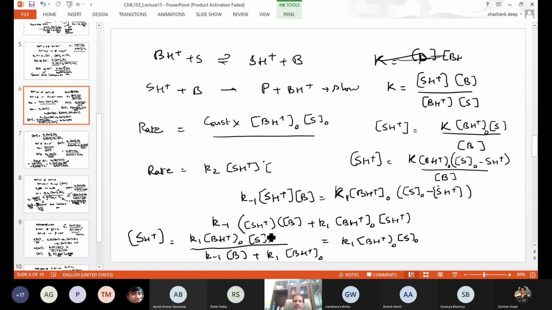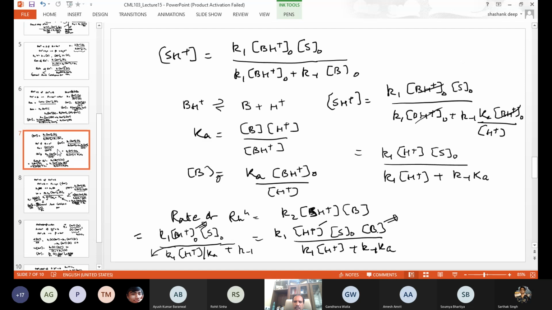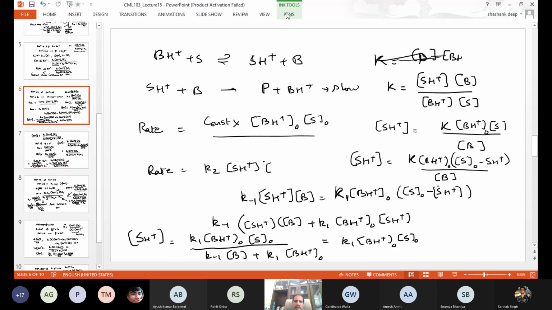What those are is given here. So you will get this term SH plus. Here, for SH plus, if you apply the steady state approximation, you get K minus 1 SH plus into B equal to, so dSH plus.